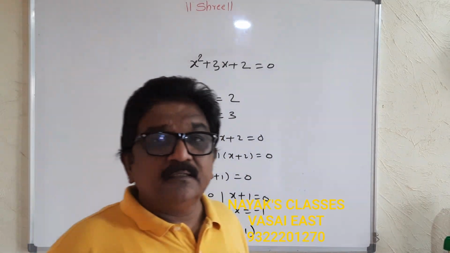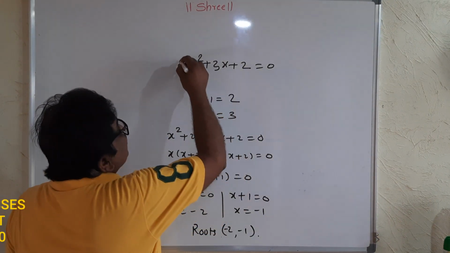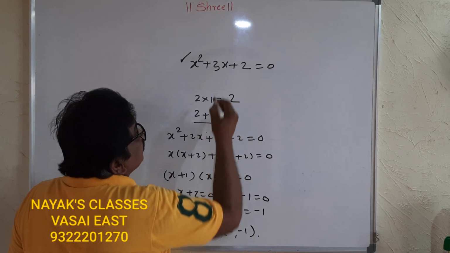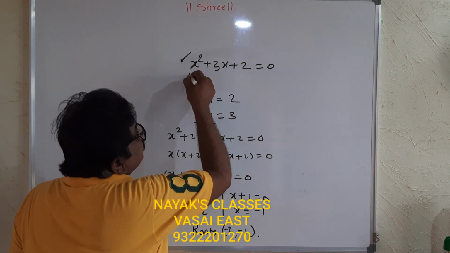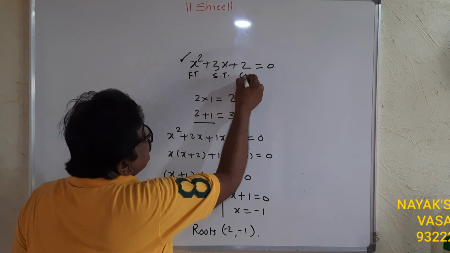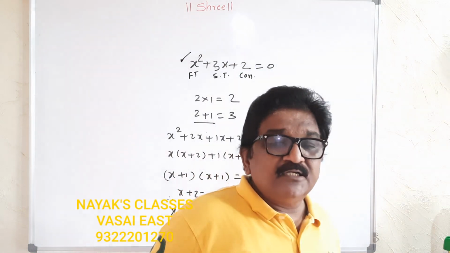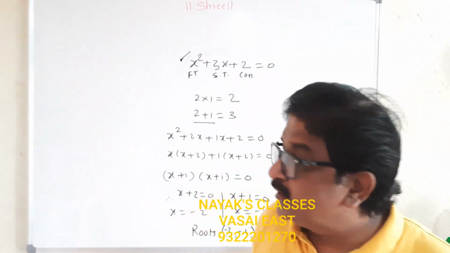Factorization is a simple process in which an equation is given. This is called the first term, this is called the second term, and this is called the constant term.